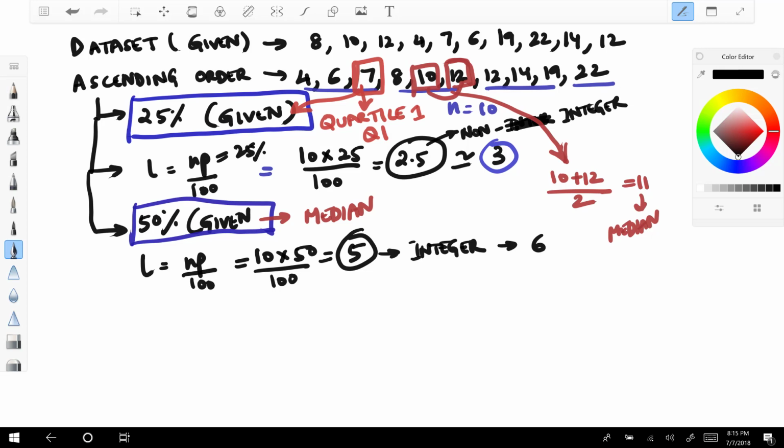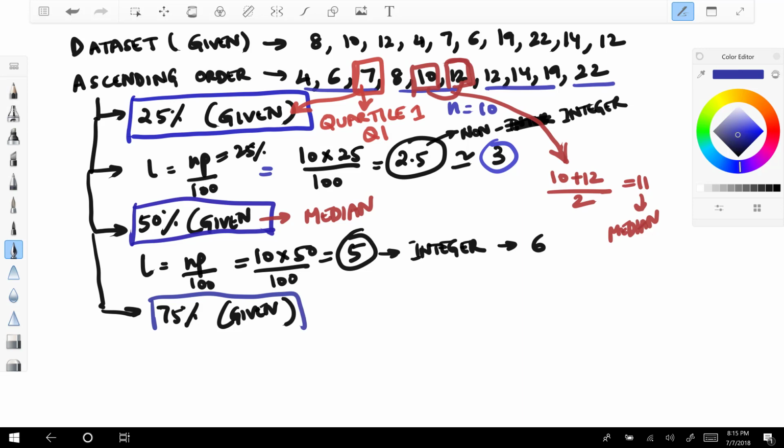Now let's calculate the 75th percentile. So this is our question.